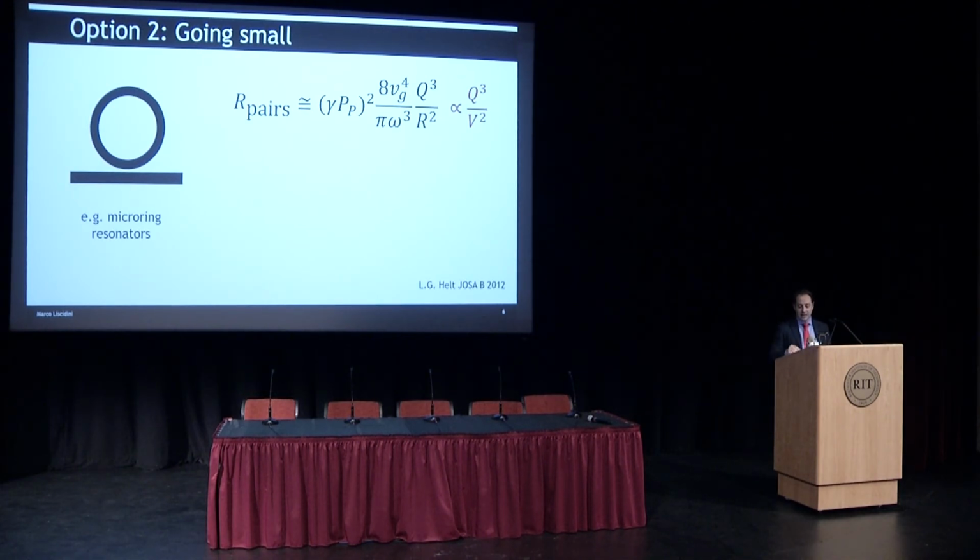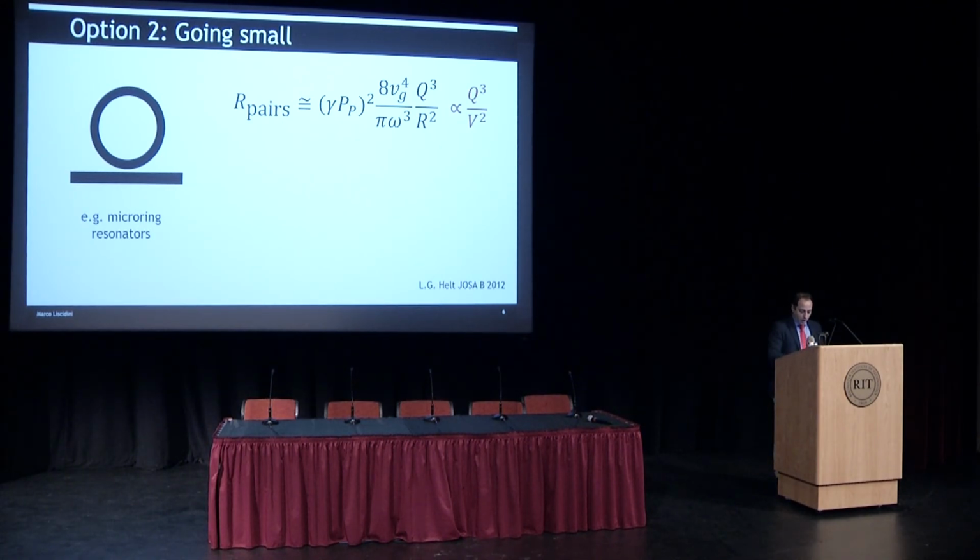You can think about this like a sort of a Purcell effect for parametric fluorescence. Obviously, depending on your parametric process, this will change. For example, for SPDC, you can find a similar formula, but this will be different, okay?